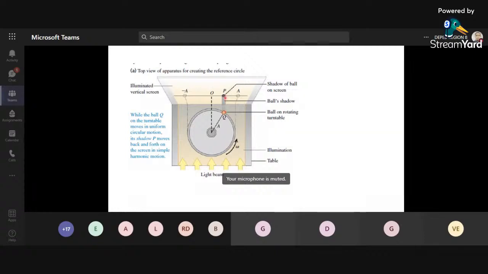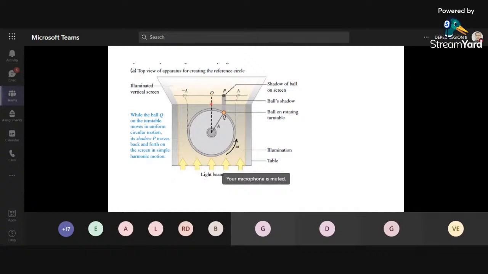So Q will project a shadow on the screen. As Q keeps moving, its shadow keeps moving too. So the shadow of ball Q is denoted as P. As Q rotates, P, the shadow of the ball, moves back and forth, or oscillates.